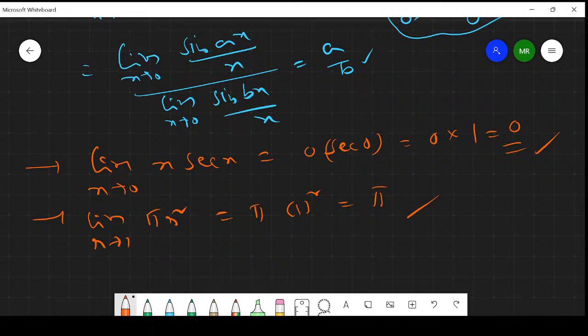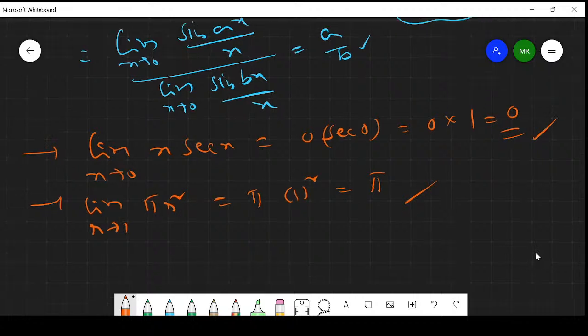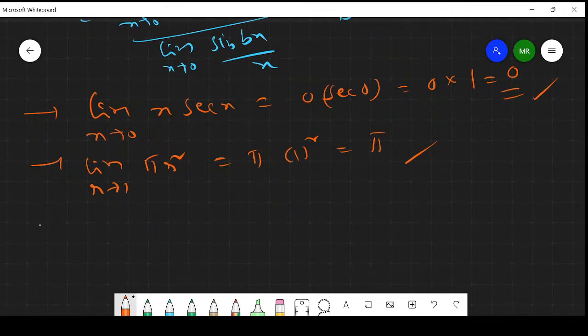Limit x tends to 4, 4x plus 3 by x minus 2. In this case, we can substitute directly the value.